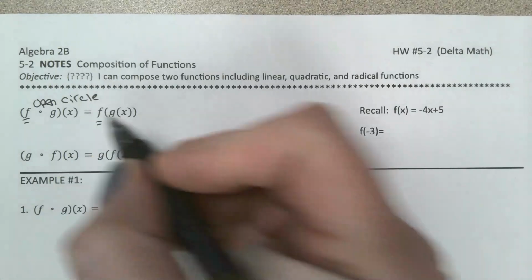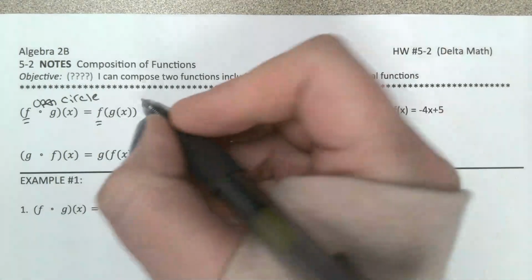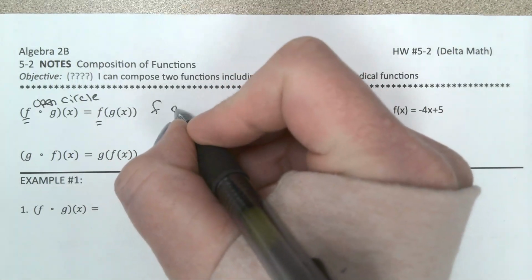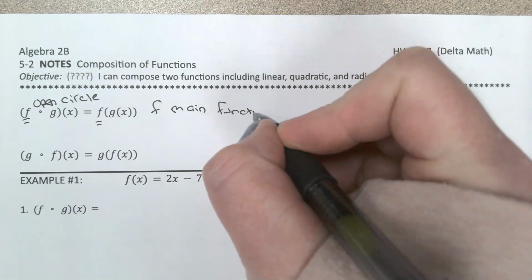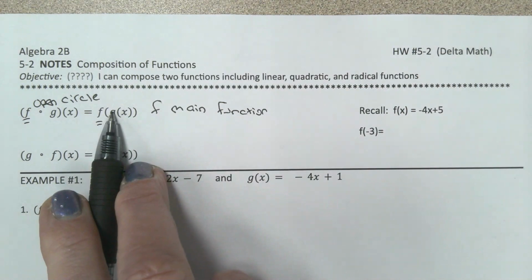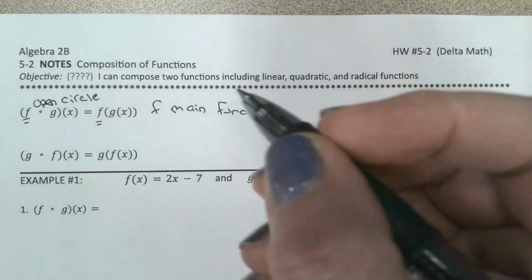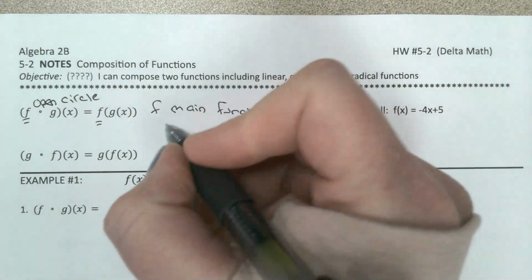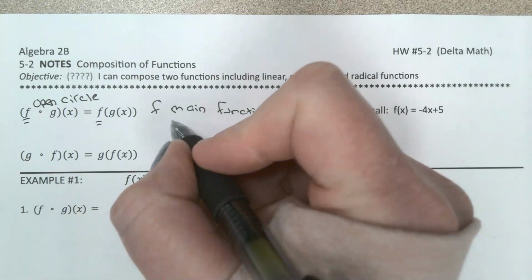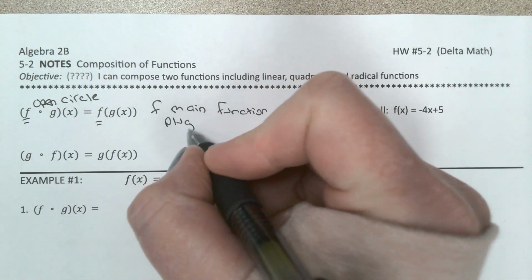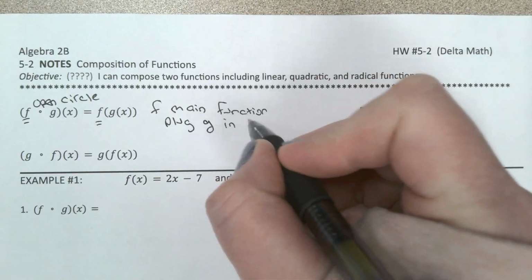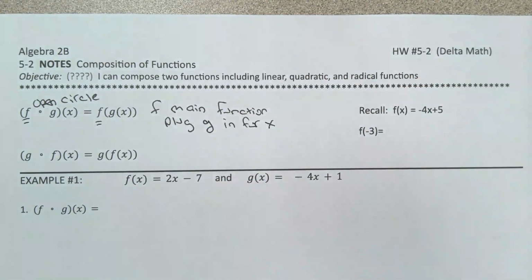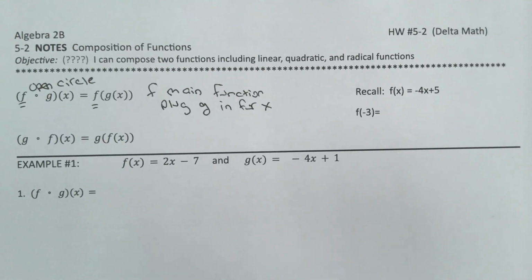Whatever letter comes first is the main function, so f is going to be your main function. And then whatever is here, we're going to plug into it. So you are going to plug g in for x. Promise it'll make sense in a minute.